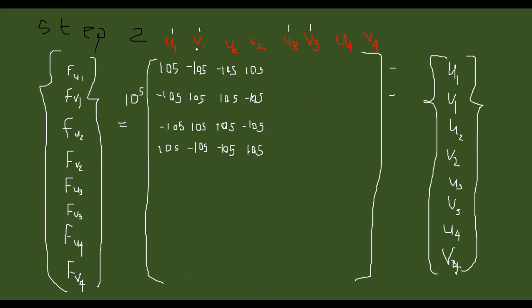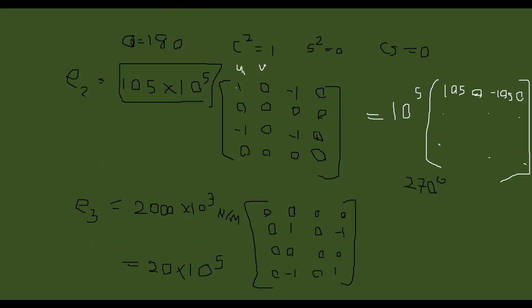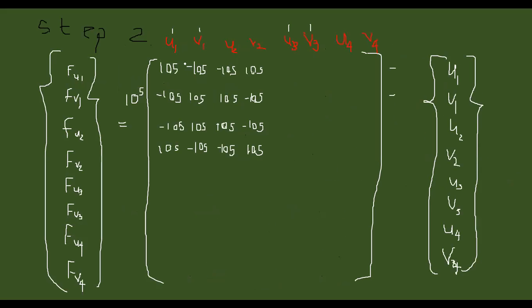So we can take the rows u1 v1 and columns u1 v1, these 4 elements, and for the other block the columns are u3 and v3 with rows u1 v1. Likewise you can construct this one.